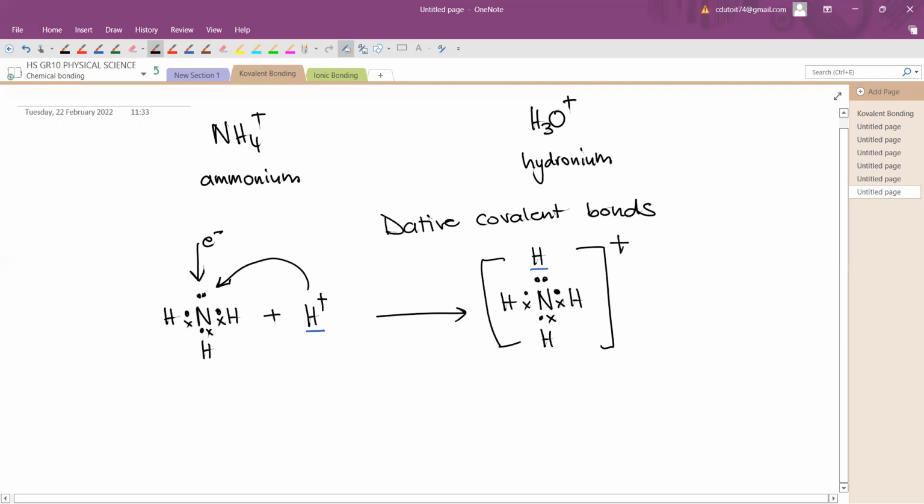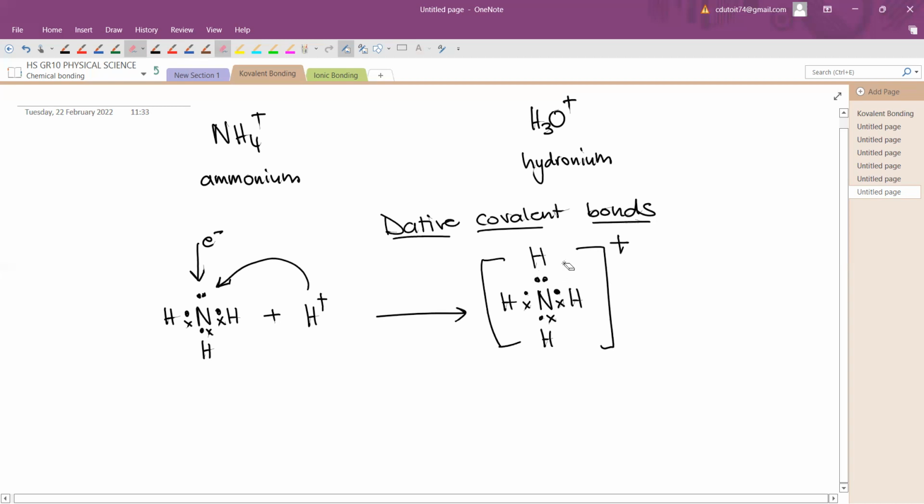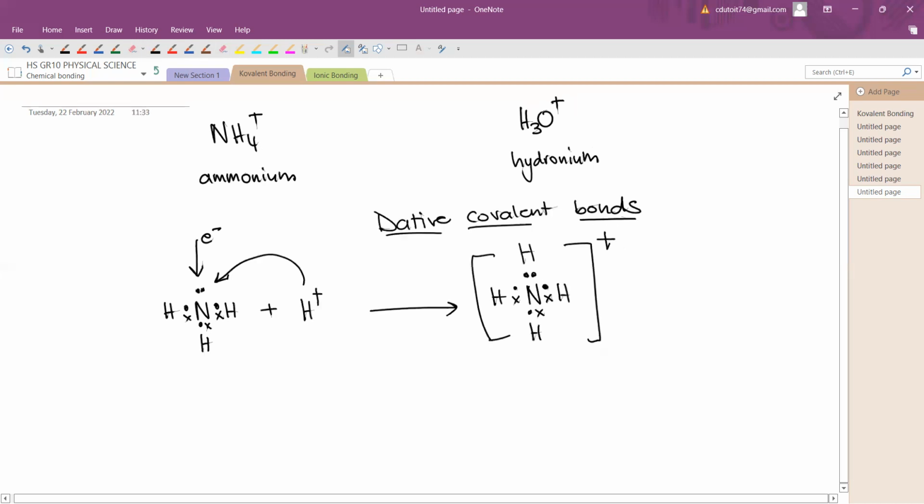And this is called a dative covalent bond for the simple reason that this bond here between the hydrogen and the nitrogen, the electrons that are shared are only supplied by one atom, which is the nitrogen. And that's why it's called a dative covalent bond. Okay, do you understand that?